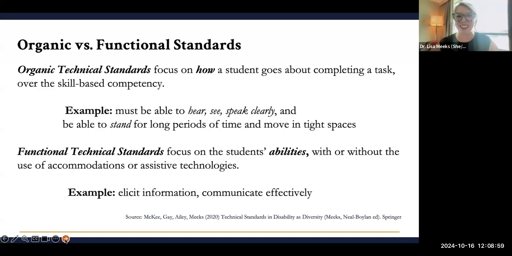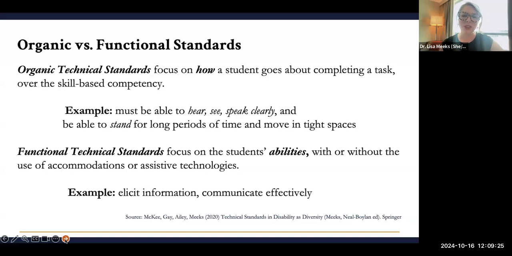So that's a whole cognitive dissonance thing you have to get over. But organic technical standards are those that focus on how a student goes about completing a skill or a competency. And some examples would be must be able to hear or see or speak clearly or stand for long periods of time in tight spaces. Hopefully none of this is sounding familiar from your technical standards.